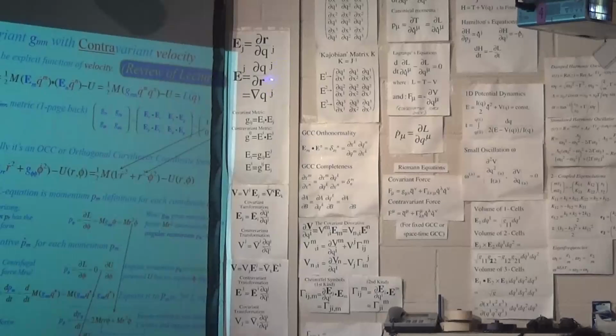The contravariant vector is a gradient, normal to the hypersurface, whereas these are along the coordinate line, and therefore covariant is the name that goes with them. The product of the two covariants or the two contravariants gives a metric tensor.